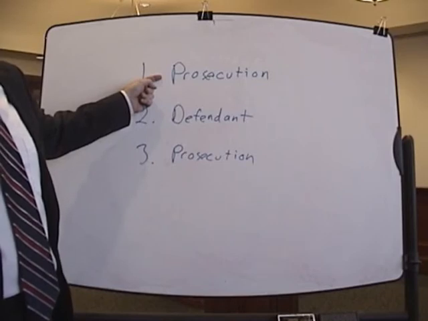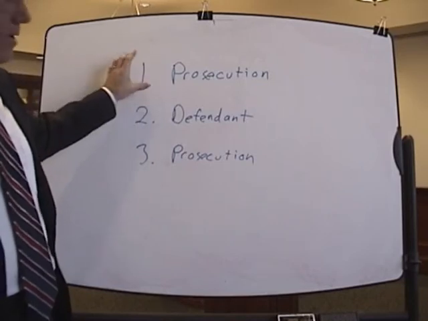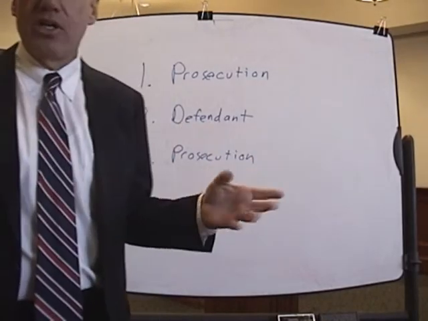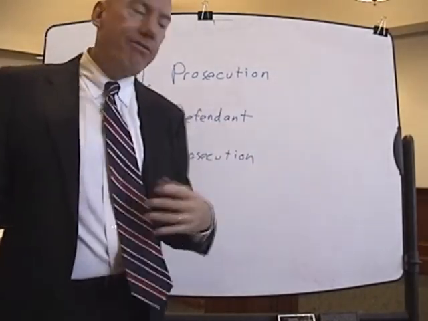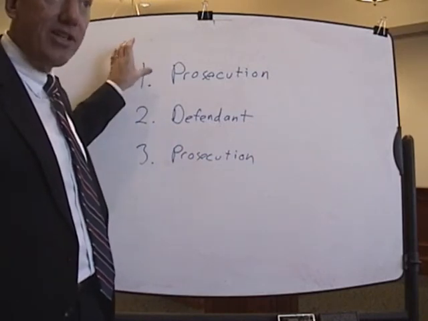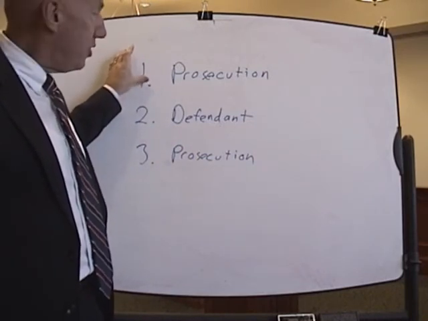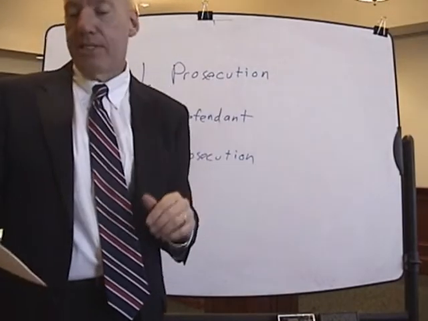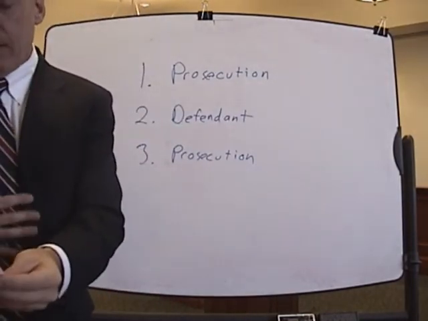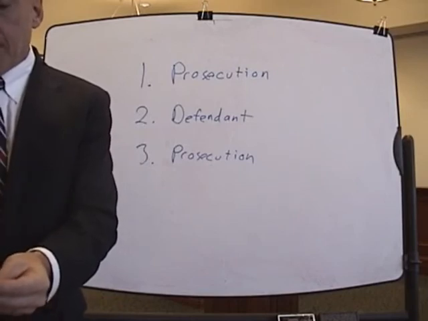A particularly effective device is to use the prosecution's own theme. And remember that each side is going to come up with a theme, but if the defense can somehow co-opt or steal or use the prosecution's theme and twist it a little bit, that can actually be very, very effective and turn it around on the prosecution.